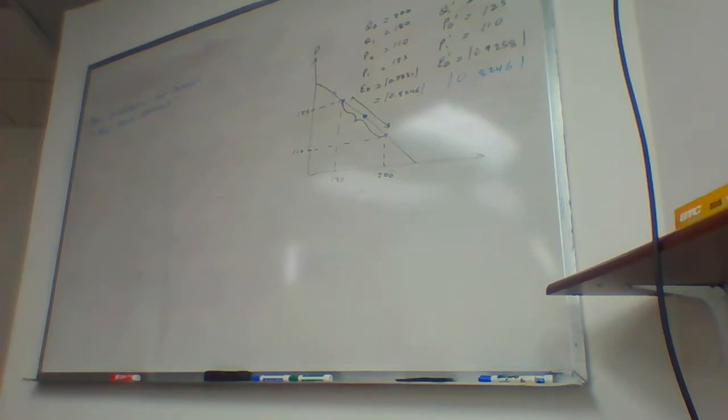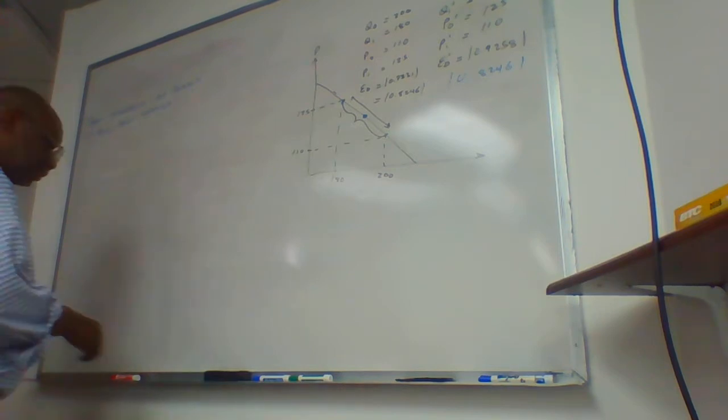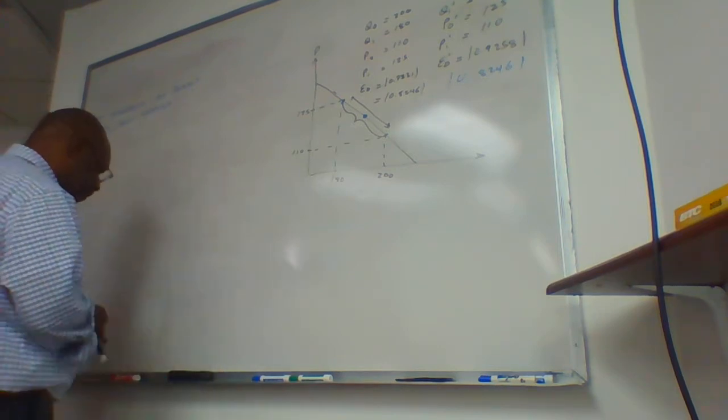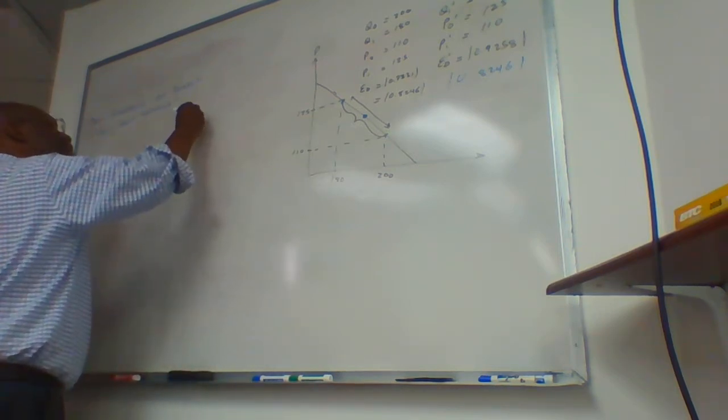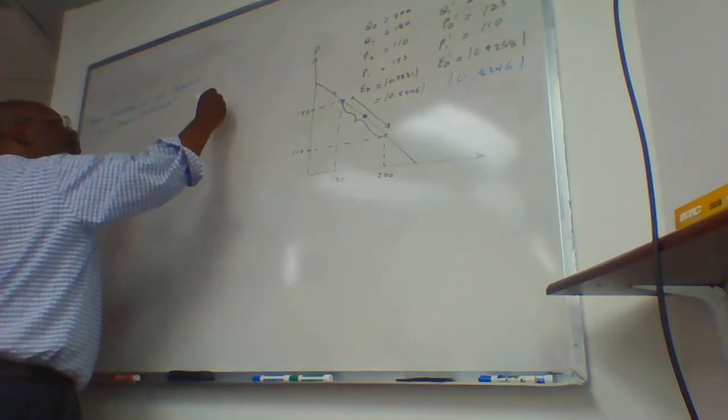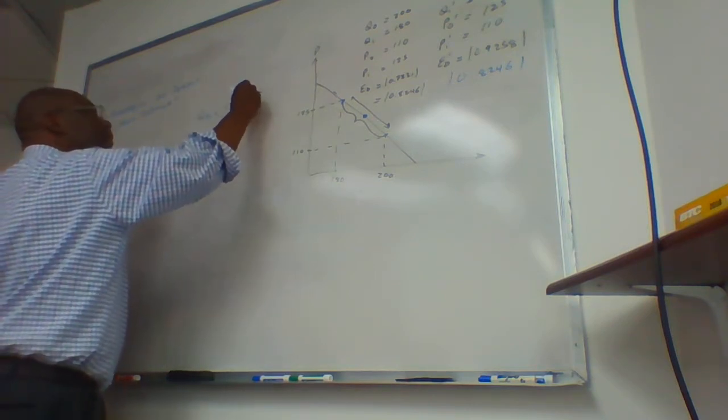So for this product, our demand equation is 125 minus 5p.